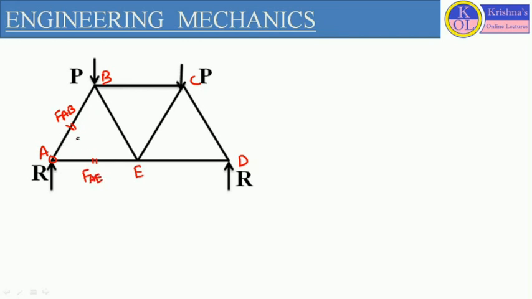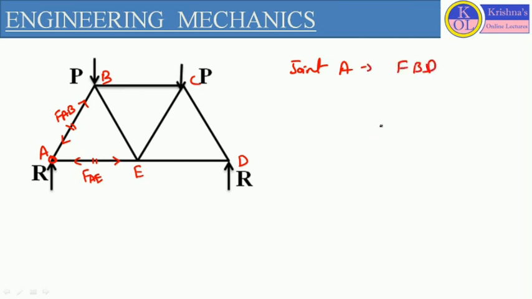Now accordingly, we will define the direction of forces. If we consider the direction of axial forces like this, first we will consider this joint as a separate, single free body diagram. So for joint A, we will define the free body diagram.